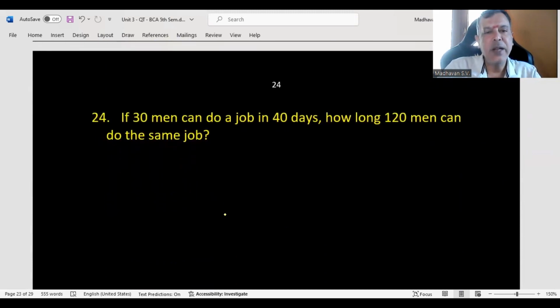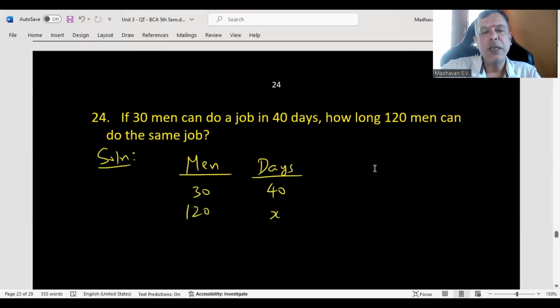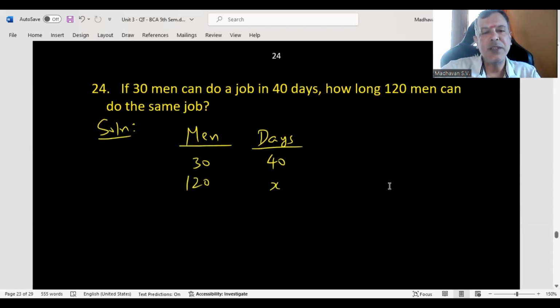If 30 men can do a job in 40 days, how long will 120 men take to do the same job? Here they gave you the number of men, 30, and how many days they will finish, 40. Now they are asking for 120, what will be the number of days? If the men increase, the number of days decreases, means it is inversely proportional.